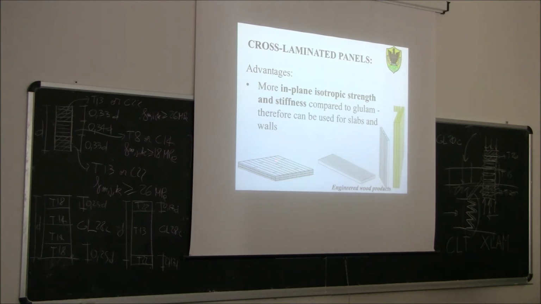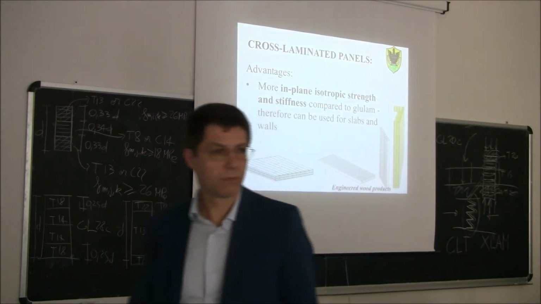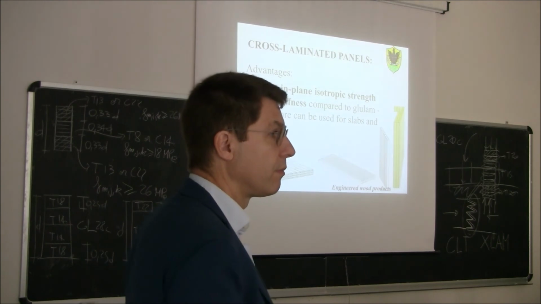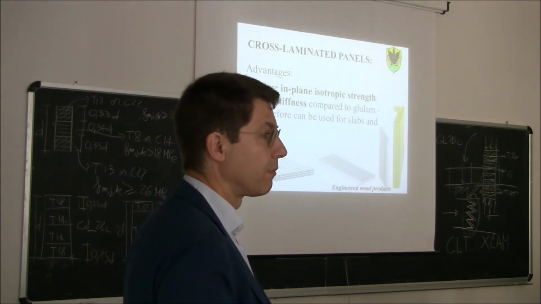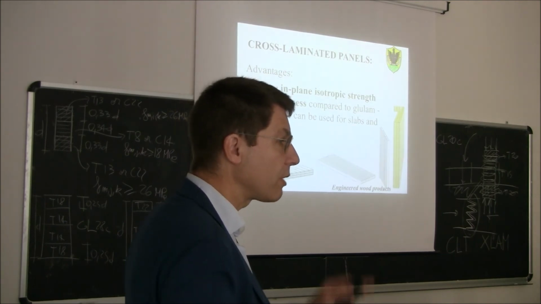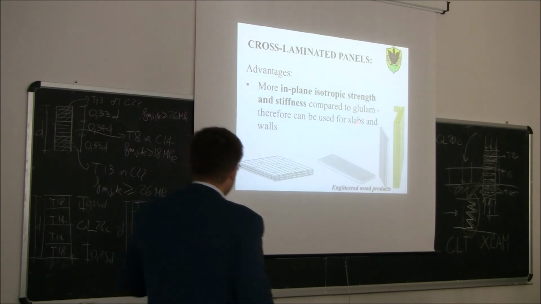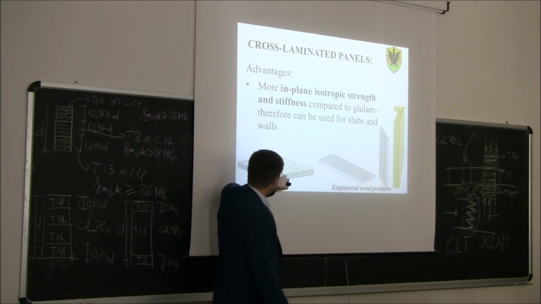Now let's think about the cross-lam panel. Where is the best direction for a cross-lam panel? Are they the same? Or is there one better than the other? No. Let's try to understand why they are not exactly the same. So, consider, for example, this direction here, the direction parallel to the face lamination.